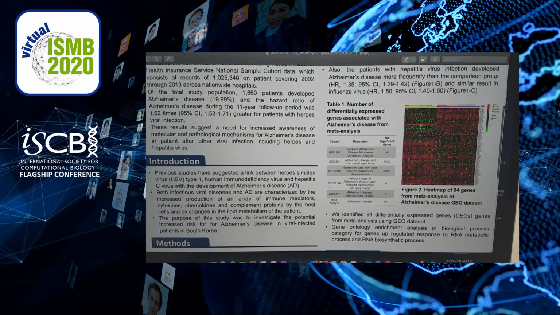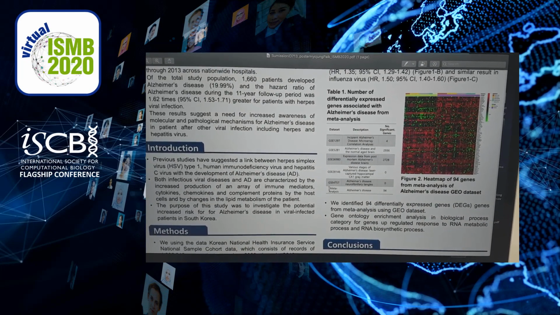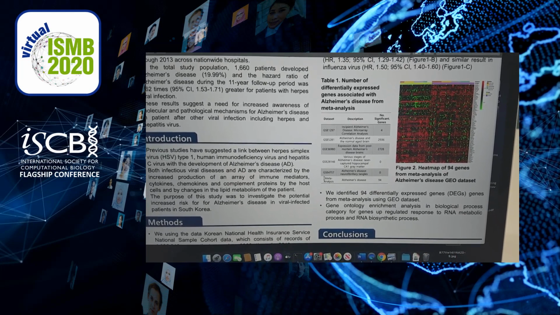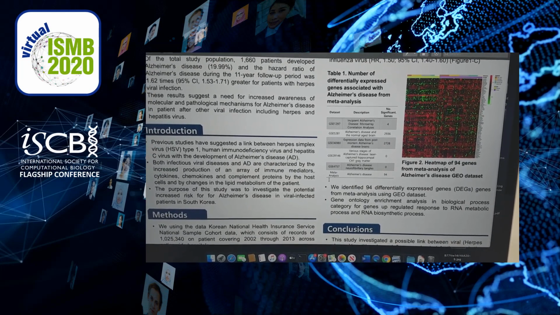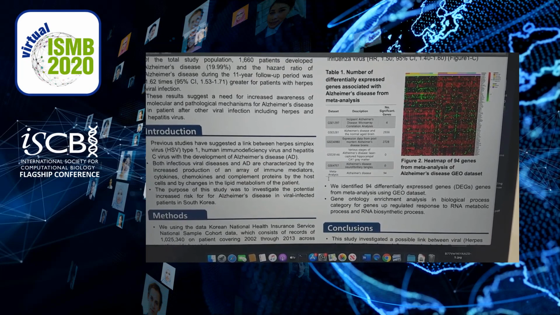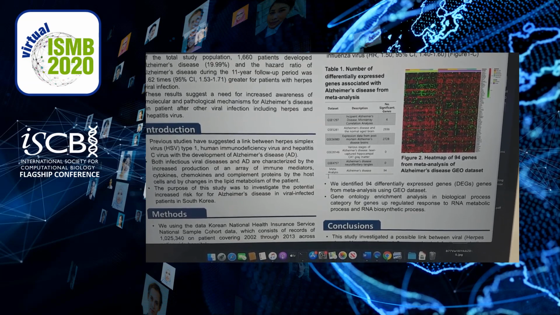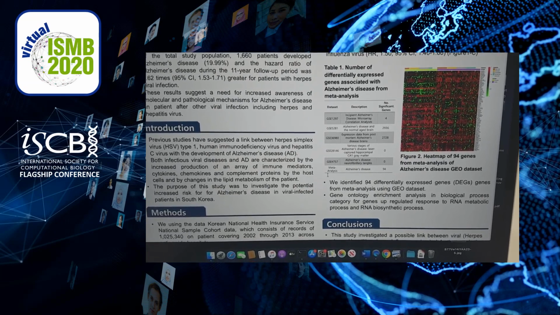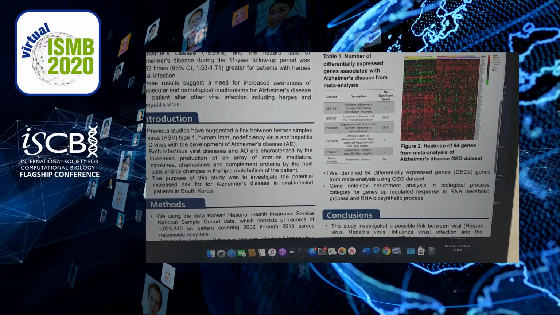To unravel whether the Alzheimer's disease gene signatures are related to viral infections, we analyzed this GEO dataset and identified 94 DEGs from the meta-analysis, and these 95 gene signatures are enriched with viral infection-related pathways, including response to virus, viral metabolic process, and viral RNA biosynthetic process.